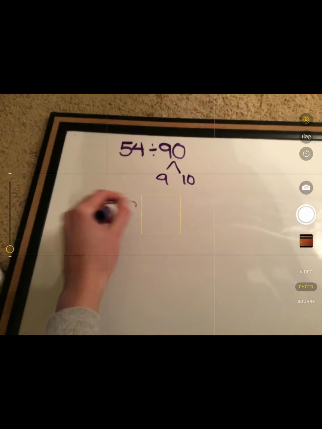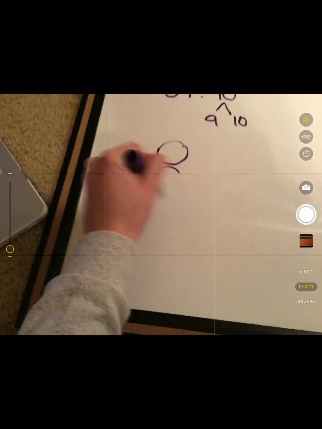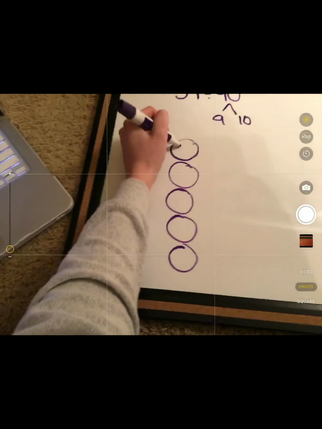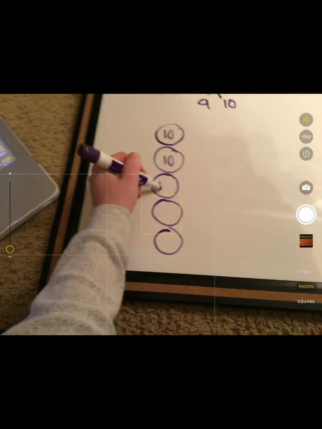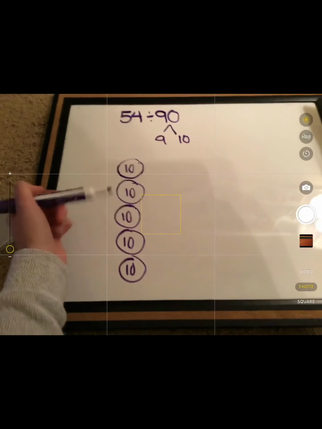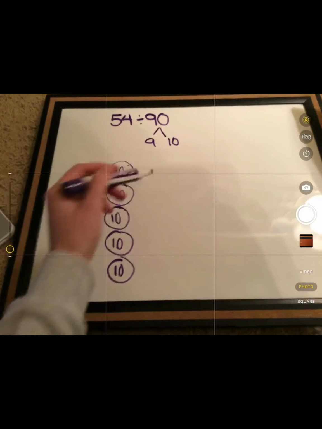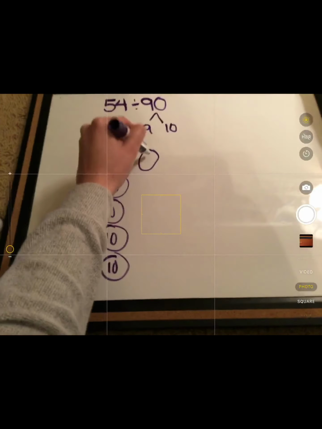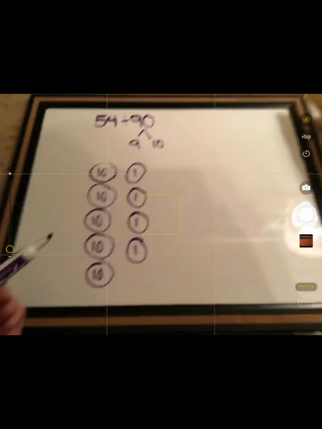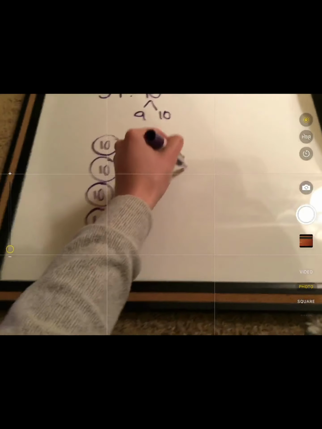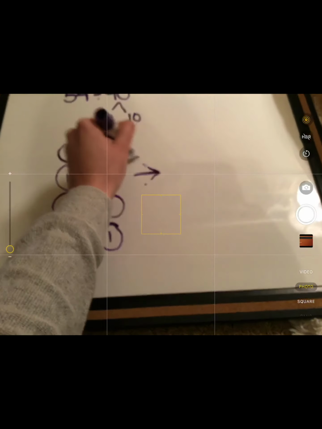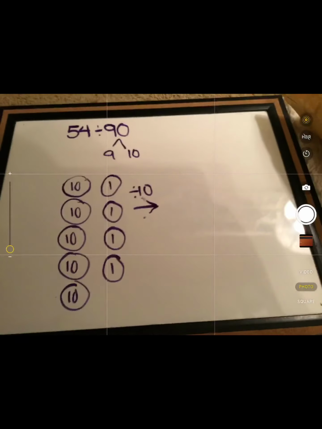So I'd have 1, 2, 3, 4, 5 value discs that equal values of 10. So I have 50, and then I'd still need to do my 4. So 1, 2, 3, 4. And I would divide these by 10.